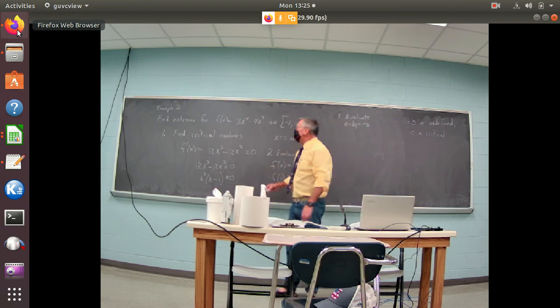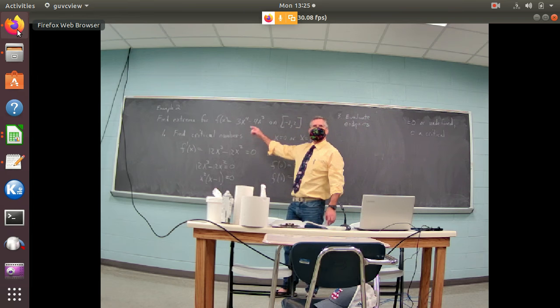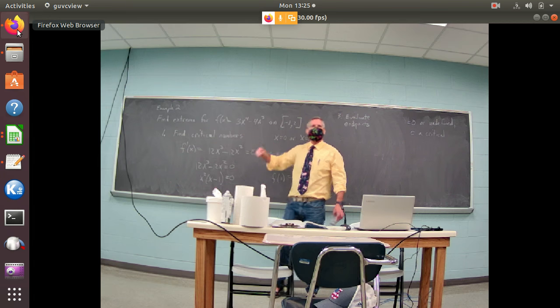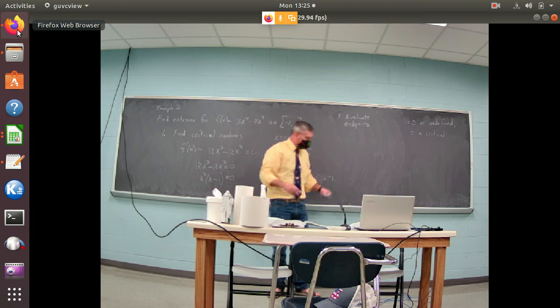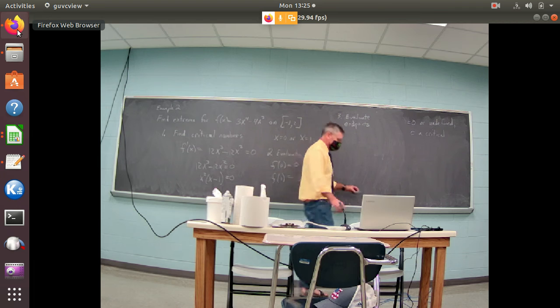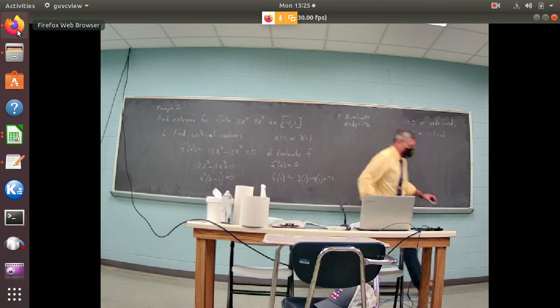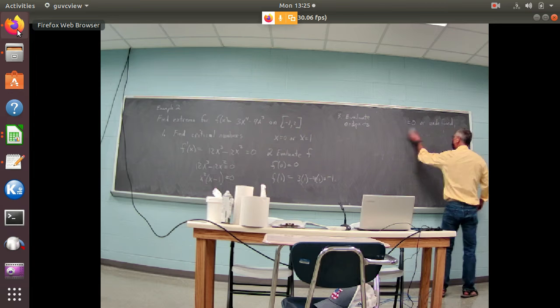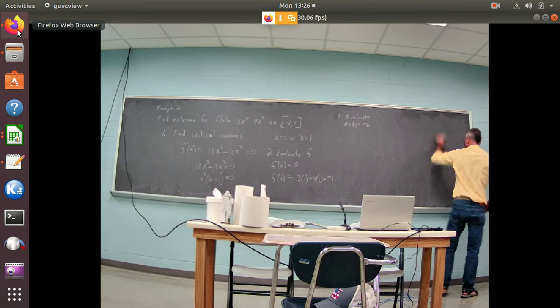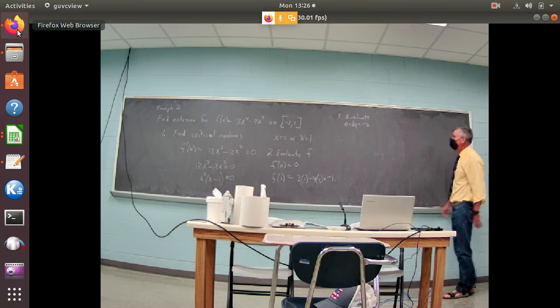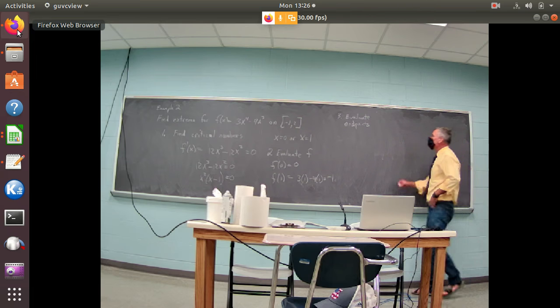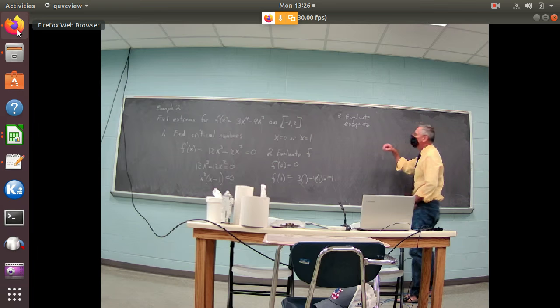Well, because the question says find the extrema. It didn't say find the relative extrema. It said find the extrema. And that means I'm looking for the maximum and the minimum. I mean, it could occur in more than one place. But I'm looking for the maximum and the minimum on each of these. So evaluate at the endpoints.